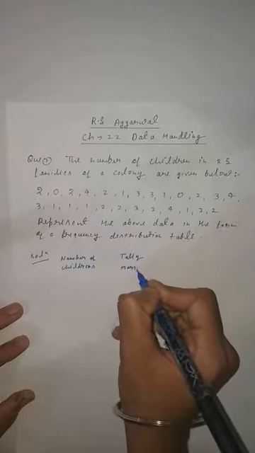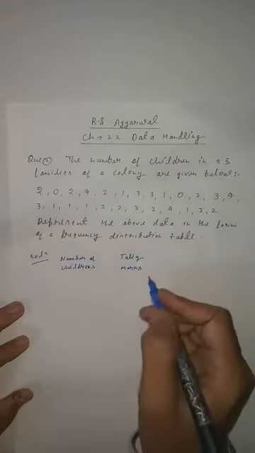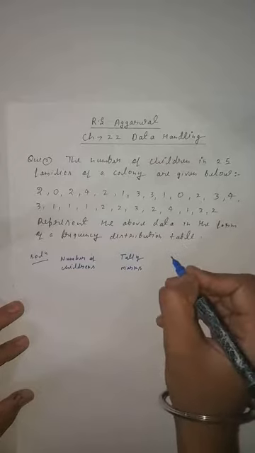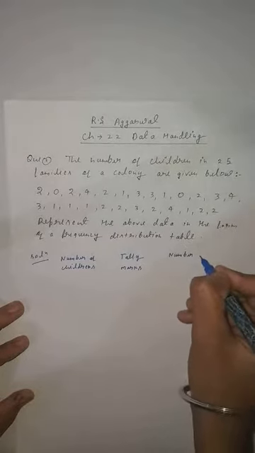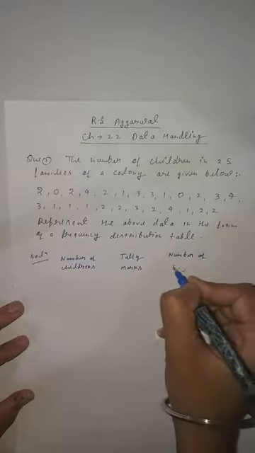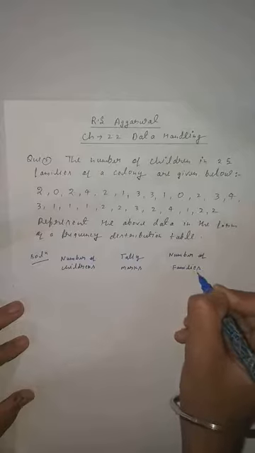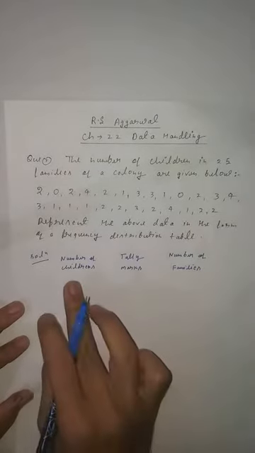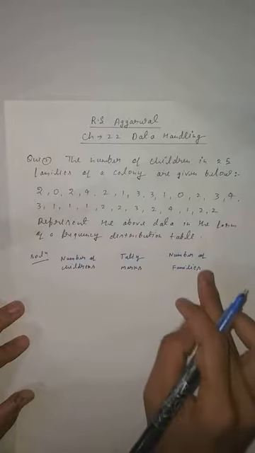Nothing is changed, this is the same as NCERT, only you have to do the question. Tally marks is the second thing. And next is number of families. So three things are clear: first number of children, meaning how many children there are, then tally marks, then number of families.